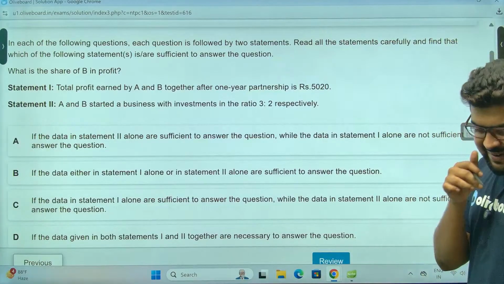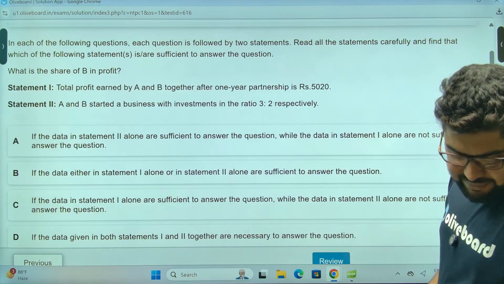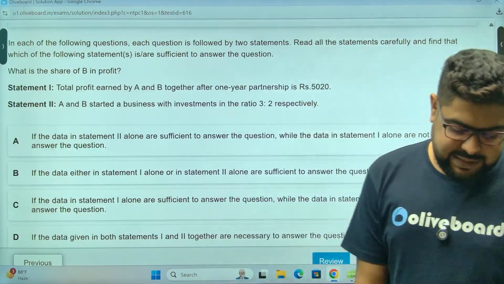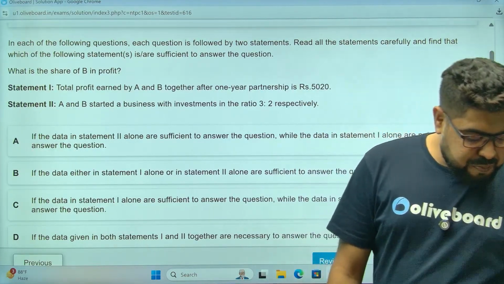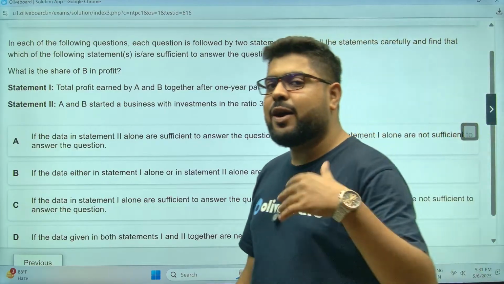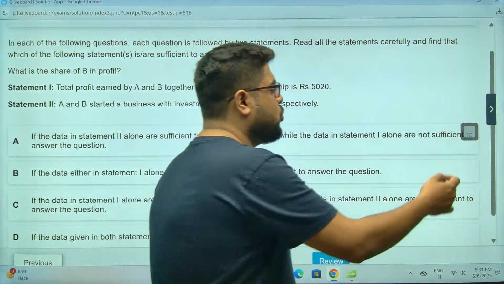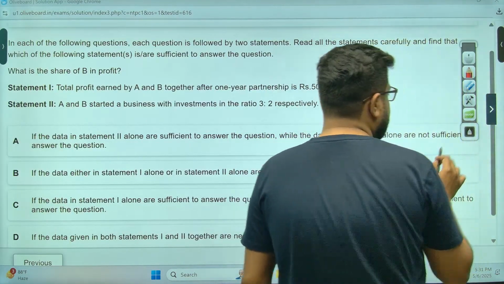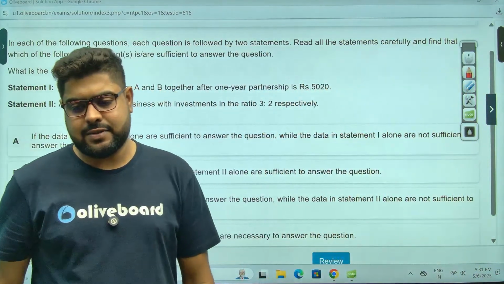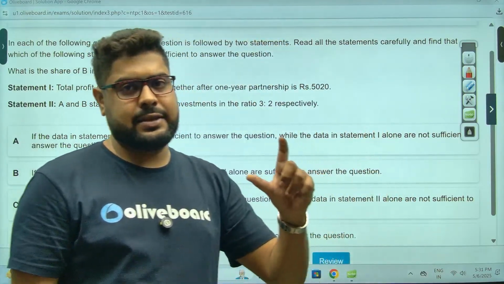Data sufficiency question, sir. Please understand data sufficiency. If you want to learn how to solve data sufficiency, those who know how will see the real skill in solving these questions is to understand whether we can answer the question without solving.